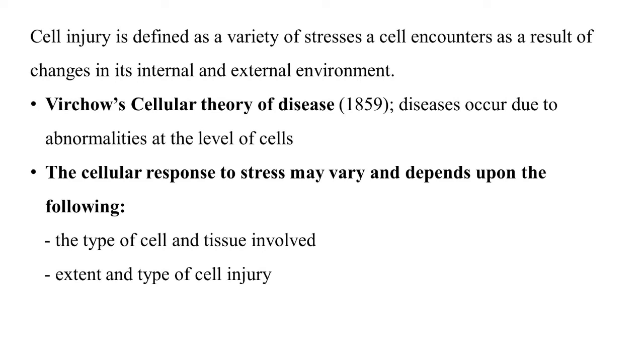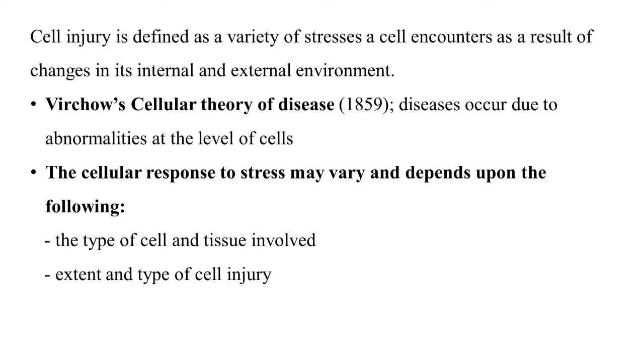So at some point in time, when all these things are not regulated, anything just goes in the cell, anything just comes out of the cell, there is no proper coordination, meaning that there will be changes. So whenever there are changes, the cell will be injured.